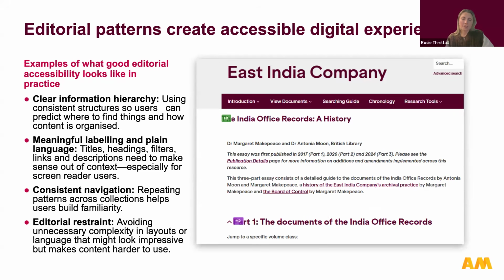So a lot of accessibility lives in editorial patterns, and these are the repeatable choices that we make across our AM or Cortex customer sites that shape how users understand and move through the content. And some of the most important patterns that we focus on include clear information hierarchy, so using consistent structures so that users can predict where to find things and how content is organized.